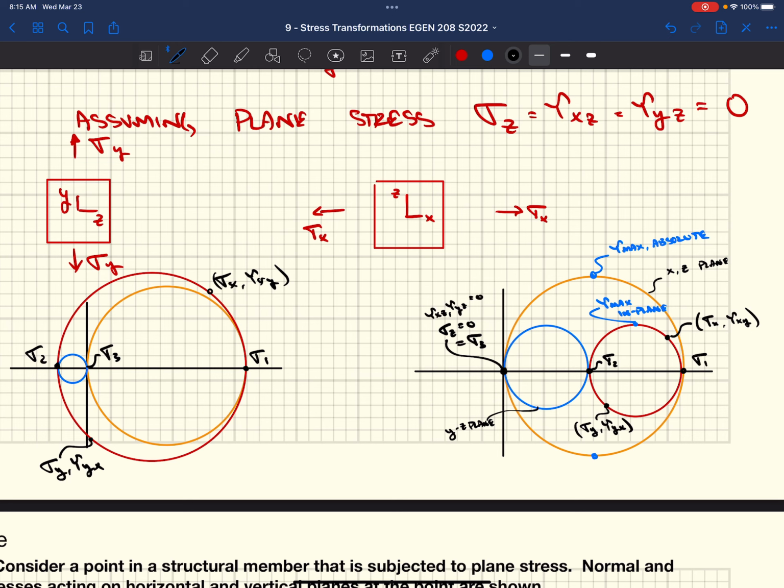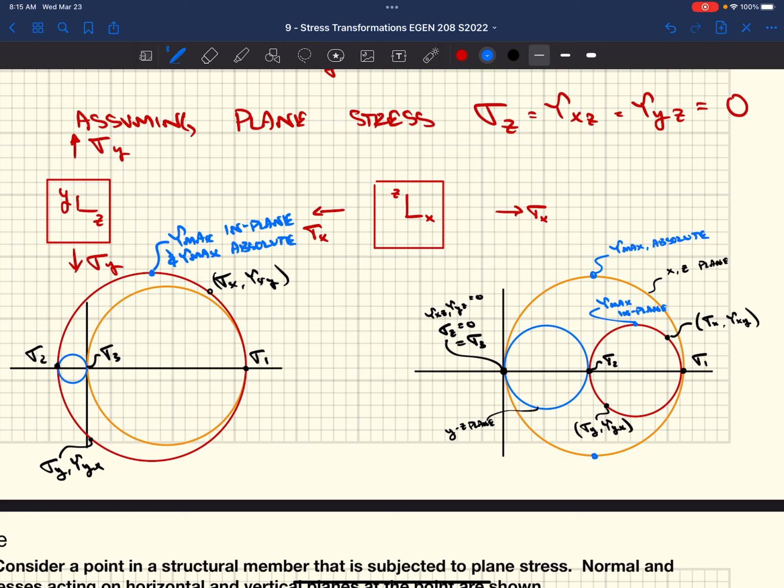So sometimes it works out, right? Tau max in plane is the same as tau max absolute. And all that has to do with how this red circle lands, the in-plane circle.